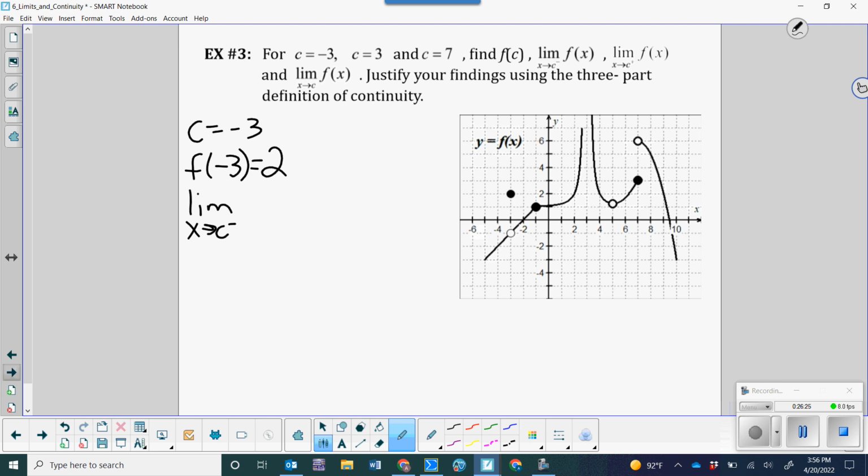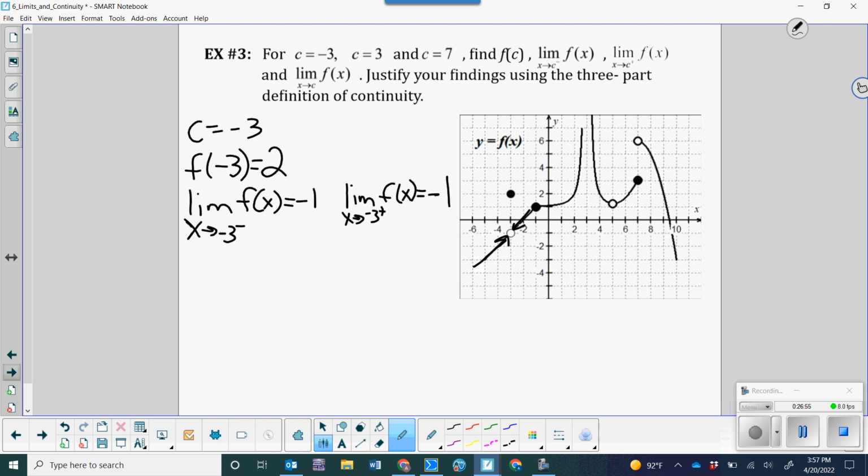I know the value of C, so I'm doing the limit as x approaches -3 from the left of f of x. Coming from the left on this graph, I can see that my limit is -1. And if I do the limit from the right of -3, I also get -1, because I'm coming from the right.